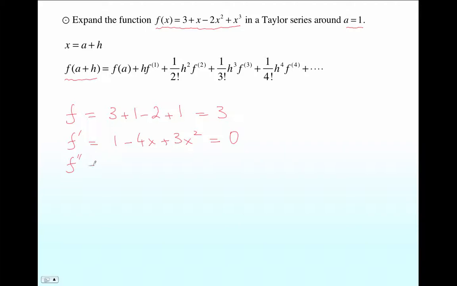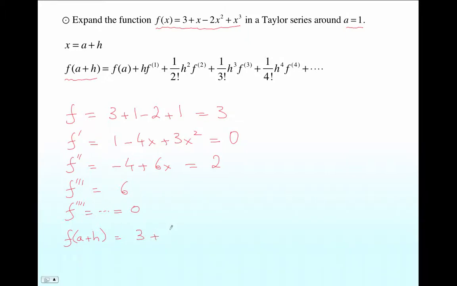Take the second derivative, that's minus 4 plus 6x. And when x is 1, that is equal to 2. Take the third derivative, and that is 6. Take the fourth derivative and the fifth derivative, and so forth. All of these will be 0. So here is the Taylor's polynomial. f of a plus h is 3 plus h times 0, of course.